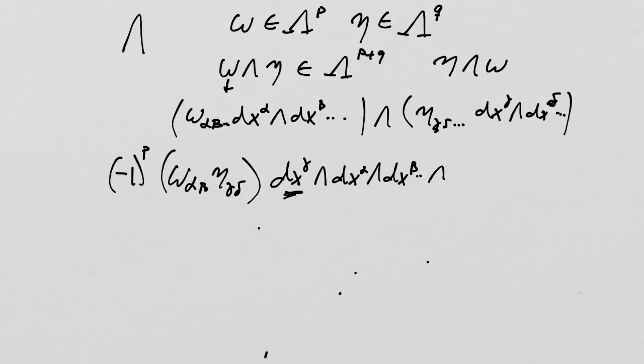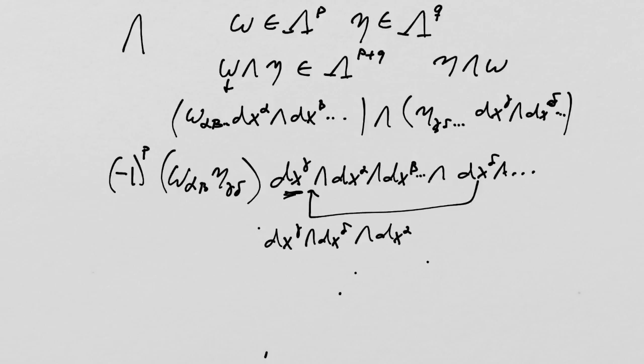And then this is dot dot dot, and now I have dx delta here, right? Wedged with its buddies. Now I want to move dx delta to this spot right here, right? So I'm ultimately going to get dx gamma wedge dx delta wedge dx alpha wedge dx beta wedge dot dot dot with whatever's left behind. And eventually I do that because remember there are q of these here, right?